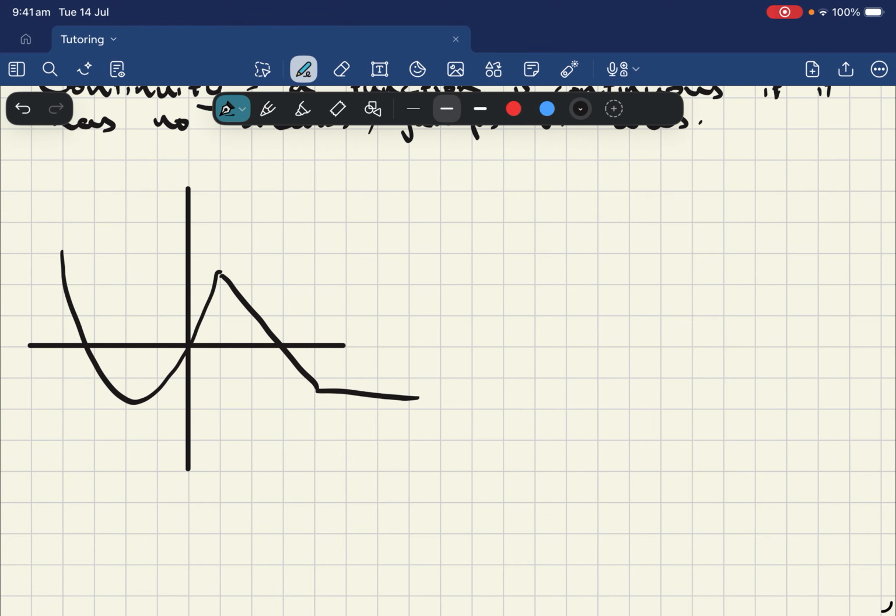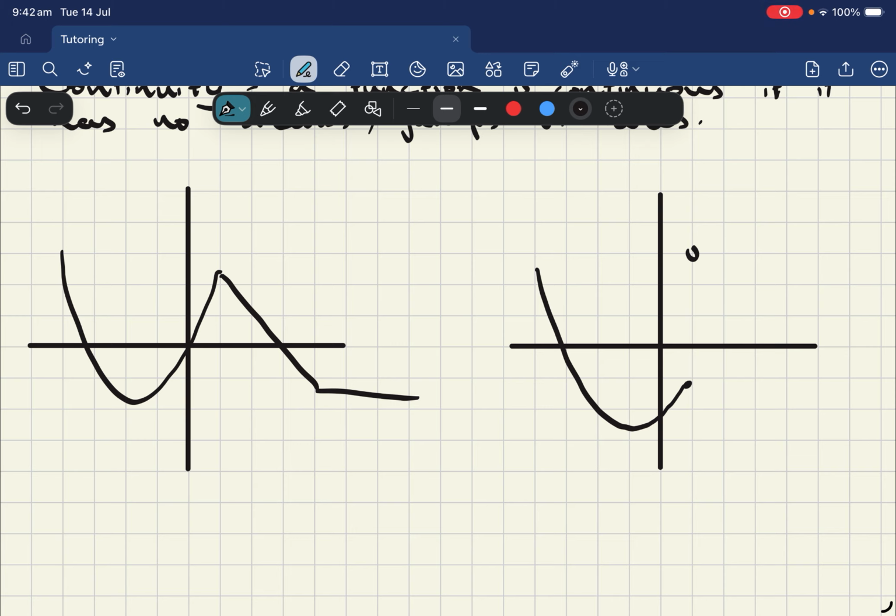So everything joins up perfectly. If something's not continuous, it might look something like this. I draw up a quick pair of axes. It could look something like this, where maybe it gets to here, and then all of a sudden my function jumps up to here.